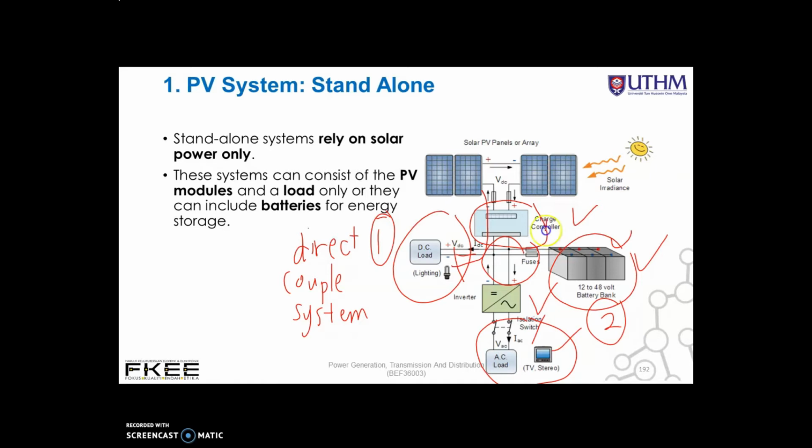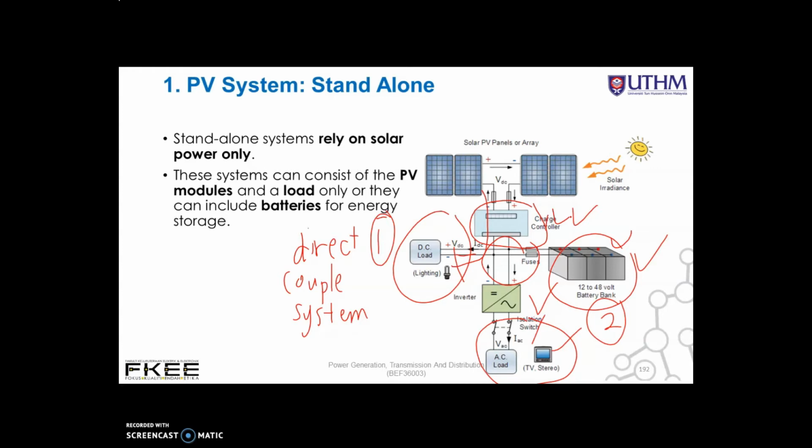The second one is the charger controller. A charger controller regulates and controls the output from the solar array to prevent the batteries from being overcharged or over discharged by dissipating the excess power into a load resistance. Charger controllers within a stand-alone PV system are optional, but it is a good idea to have one for safety reasons.